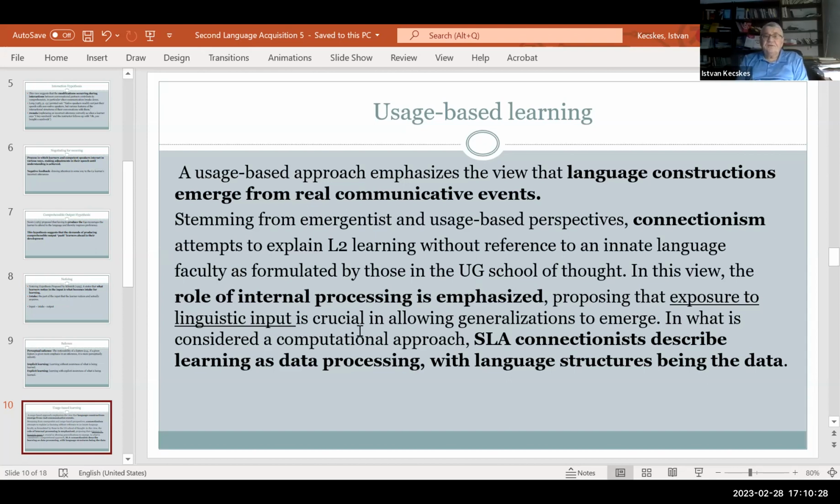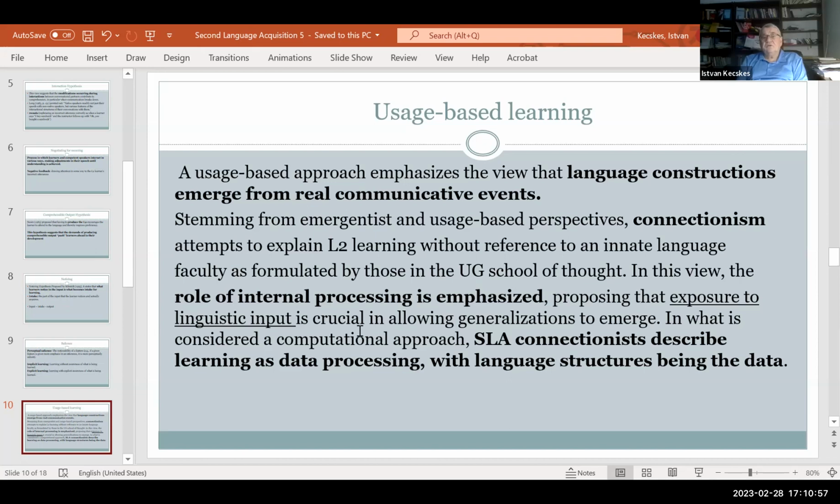So that is connected with emergentism and connectivism that we already mentioned earlier. The basic difference between emergentism and connectivism is that the followers of these approaches do not talk about any kind of innate language faculty. So they deny everything that the universal grammarians say.